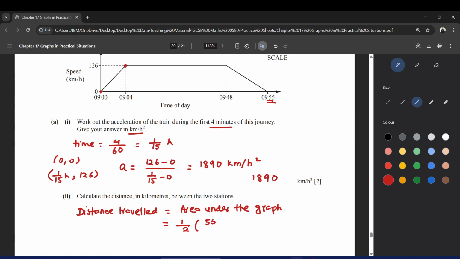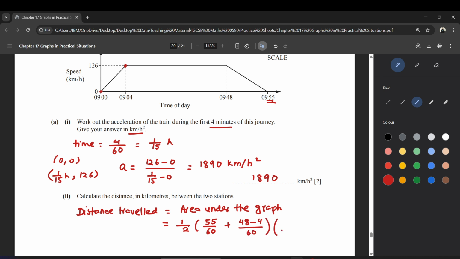So this would be 55 minutes, 55 divided by 60, because remember, you have to be unit consistent. We cannot just take 55 minutes while our speed was in kilometers per hour. So this time must also be converted to hours. Plus here it took how much time? 48 minus 4, right? So we have 48 minus 4 divided by 60.